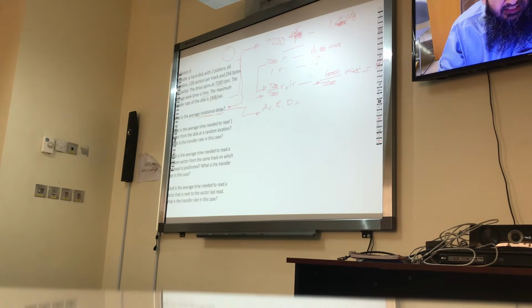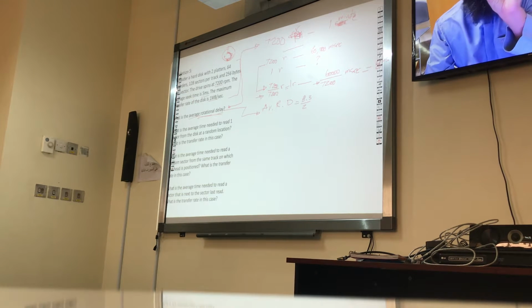Let's say this is the head. If I want to read this sector, it will come very quickly under the head. If I want to read this sector, it will take a long time to come under the head. So the average time for a sector to come under the head will be the time taken by half a spin. So I just take this 8.3 milliseconds and divide by 2.